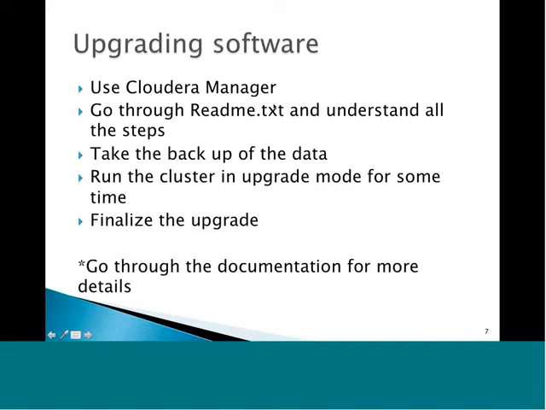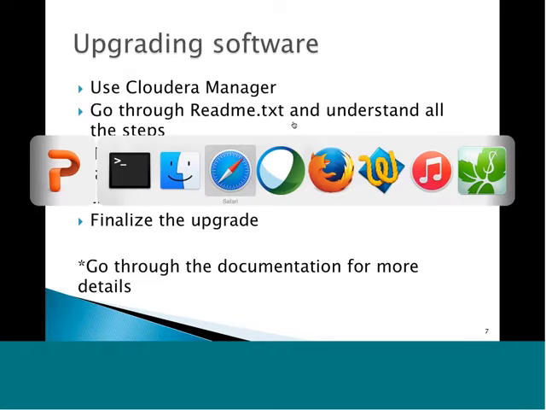Then, upgrading the software using Cloudera Manager, you have to go through the readme.txt and understand how the cluster is built, whether it is packages or parcels. Depending upon the readme, you have to upgrade the software.